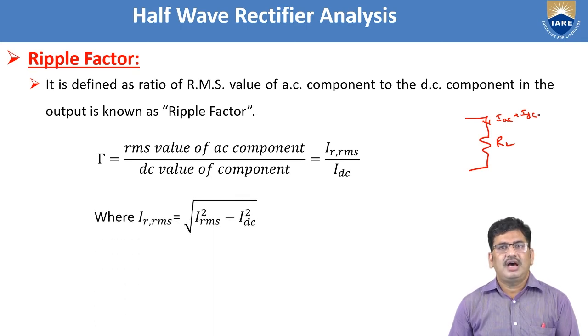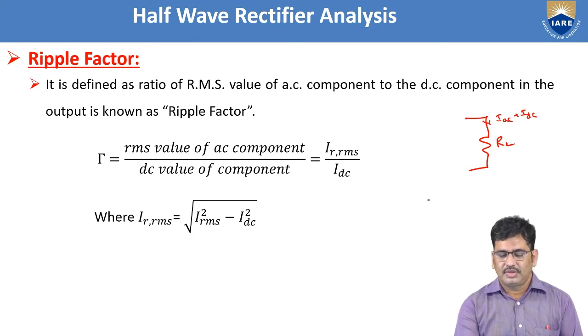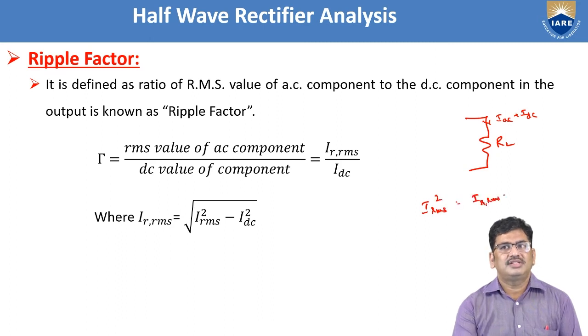Here Irrms, IDC and IAC are related as: IRMS square is equivalent to Irrms square plus IDC square. So Irrms is given as square root of IRMS square minus IDC square.